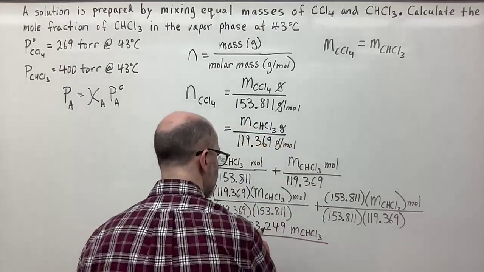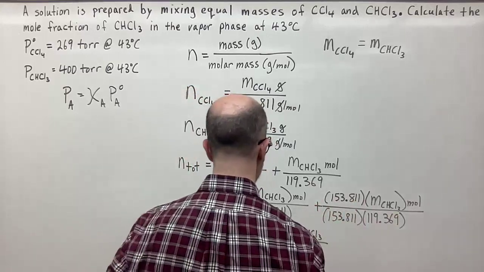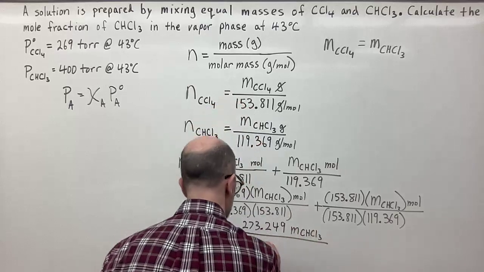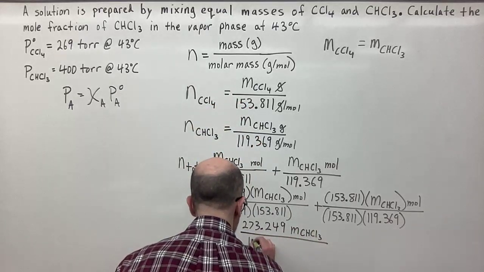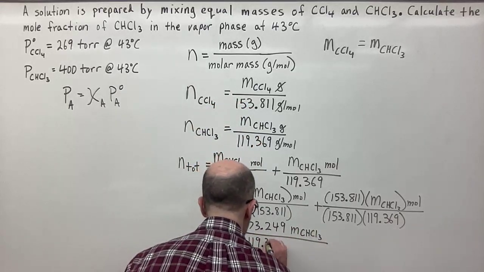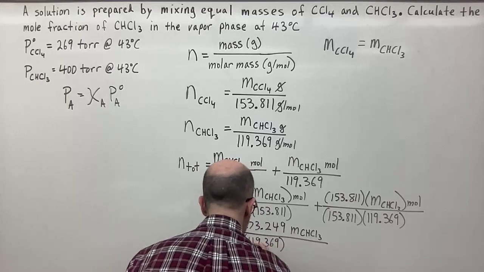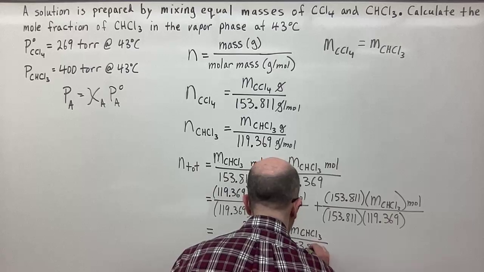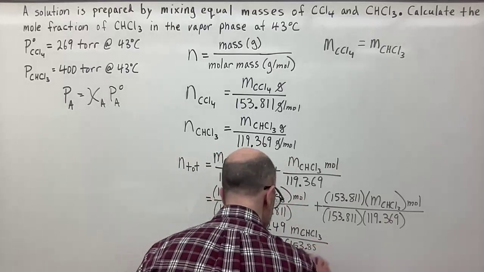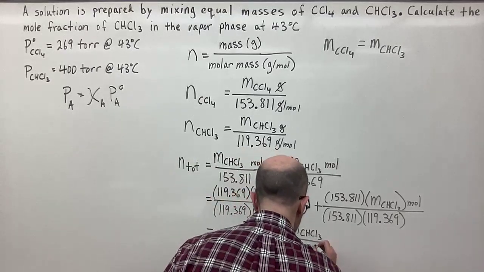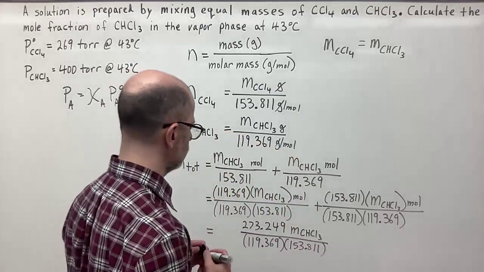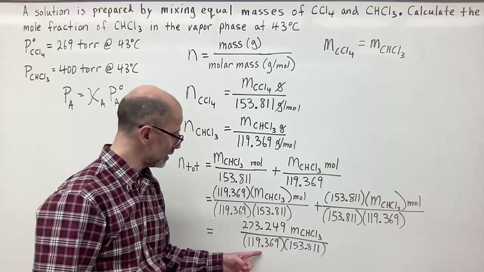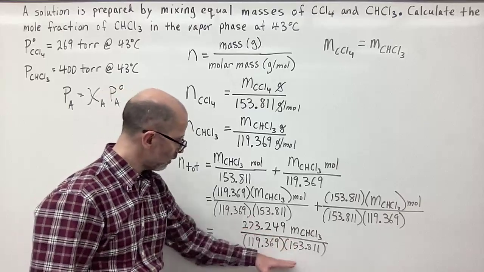Divided by, and again, since these are in the same denominator, when I add these together, I get the same denominator, so that's going to be 119.369 times 153.811. Okay, so now that I have this, I can multiply these together and then divide my answer by this.